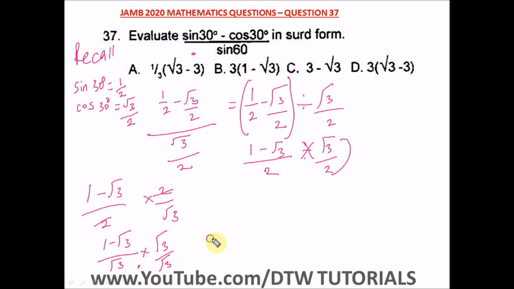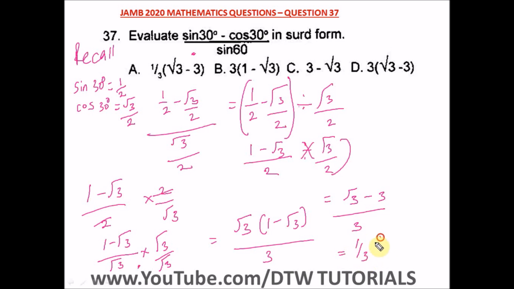We have root 3 all over 1 minus root 3 all over what? 3. So opening brackets, we have root 3 minus 3 all over what? 3. So it's the same thing as 1 over 3 bracket root 3 minus 3.